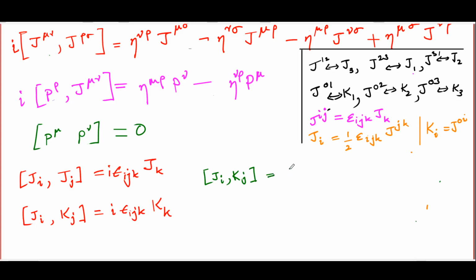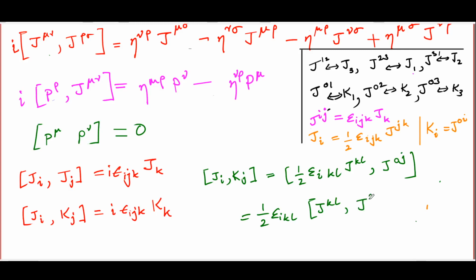So Ji is, as we have just written down, half epsilon i, but now I cannot write Jk, capital Jjk, because I don't want to confuse with this j. So I will write epsilon ikl Jkl with J0j. So it's half epsilon ikl Jkl's commutator with J0j.